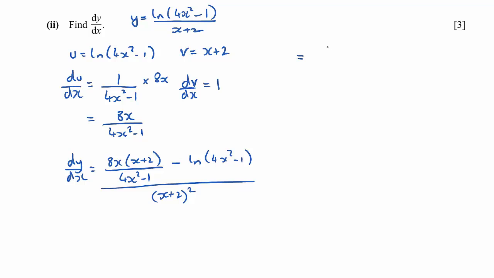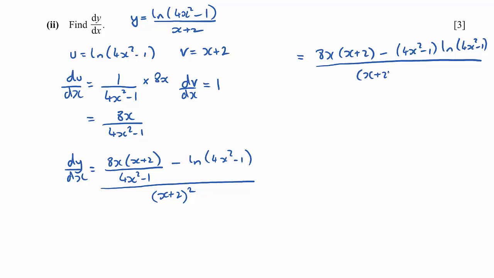So we could write that as 8x(x plus 2) take away (4x squared take 1) ln(4x squared take 1), all over (x plus 2) all squared times (4x squared take away 1).